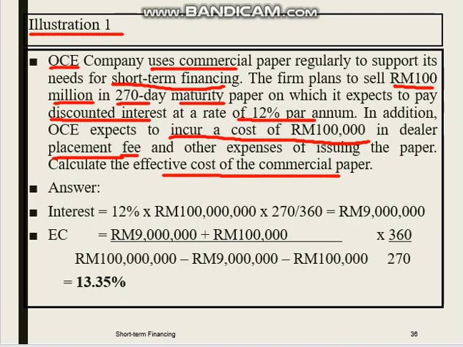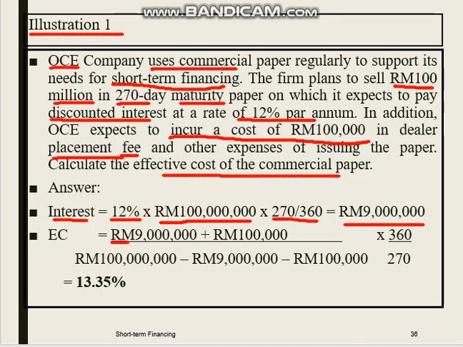Of course, we first calculate the interest. The interest rate is 12%, times the amount borrowed, which is 100 million, times the term of only 270 days. After we calculate, our interest is 9 million.